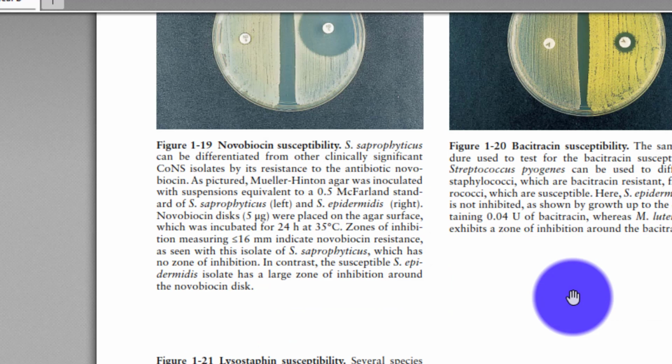Novobiocin susceptibility. Staph saprophyticus can be differentiated from other clinically significant isolates by its resistance to the antibiotic novobiocin. Bacitracin susceptibility. The same procedure used to test for bacitracin susceptibility of Streptococcus pyogenes can be used to differentiate Staphylococci, which are bacitracin resistant, from micrococci, which are susceptible.